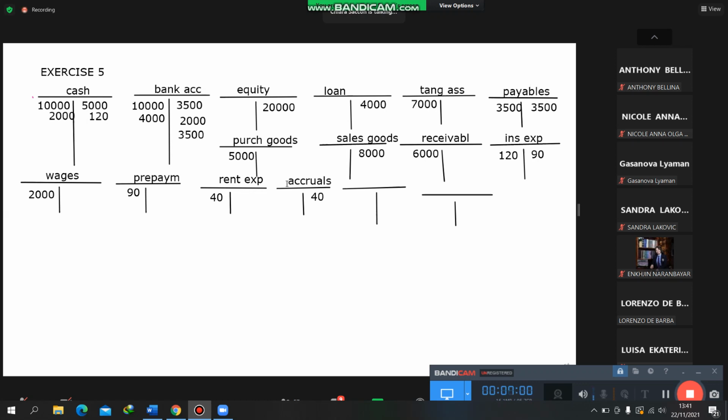Then there is another adjustment to be done. Interest on the loan, 200. So what does it mean? It means that you have the loan and there are some interest related. You know that when you get a loan from a bank, you have to pay interest on the loan. Okay, so this is the amount of interest of the period. Okay, and what are you doing here?